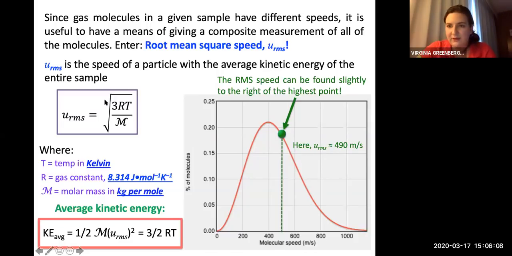Okay, so we're still following that 1/2 mv squared format. And if you plug in the equation from above into that equation, you'll find that everything simplifies down to be 3/2 times R times T. So this can help us see mathematically how it is that kinetic energy is directly proportional to temperature. If we double temperature, we double kinetic energy, etc.